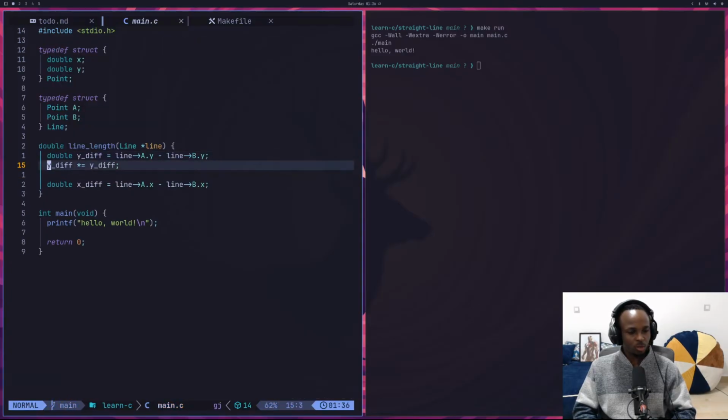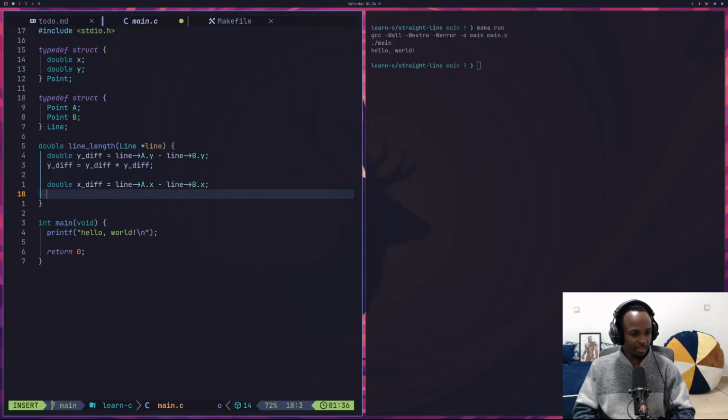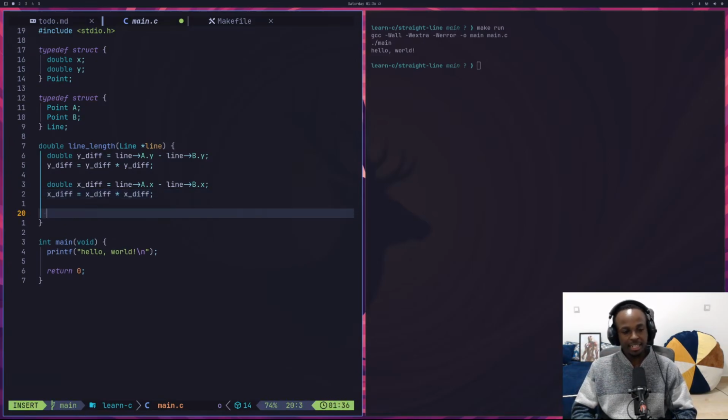So the y difference will be the y difference times the y difference, and then the x difference, it's going to be the same thing, the x difference times the x difference. So we basically just squared both of them, and then we are going to add this.